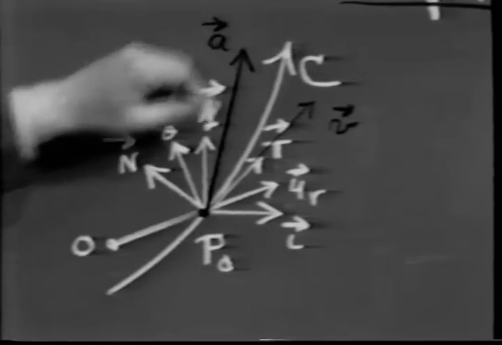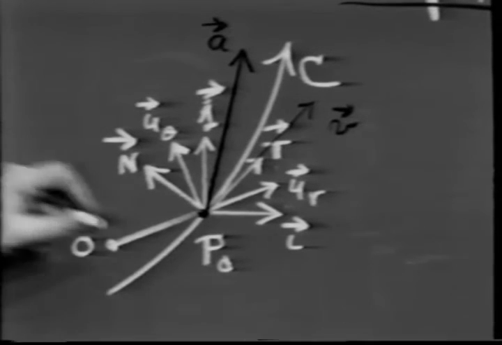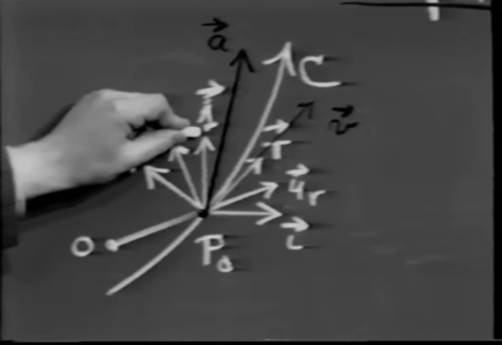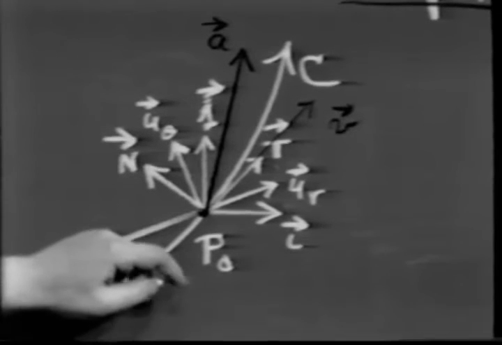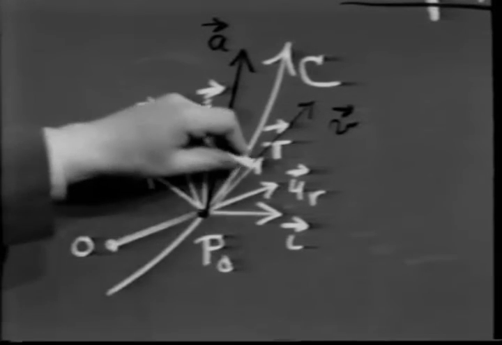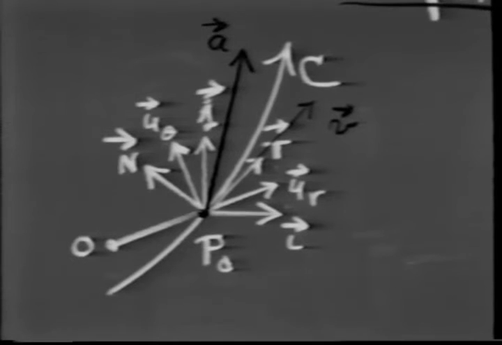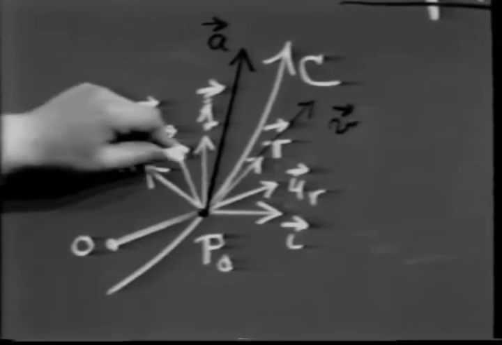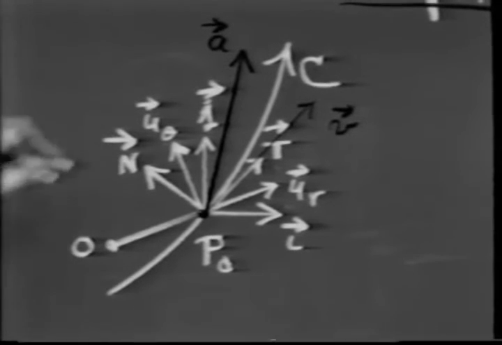What I'm saying is, let's suppose I have a curve C and some point P0 on this curve C. I can draw in the pair of orthogonal vectors i and j in the plane. I can draw in the pair of orthogonal vectors u sub r and u sub theta, orthogonal meaning perpendicular. And I can draw in t and n.